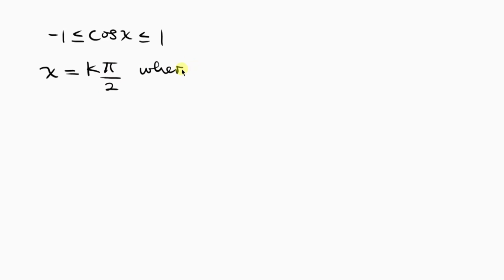So therefore, the value of cos x is between -1 and 1. And if the value of cos x is between -1 and 1, that means the value of x is equal to k times pi over 2, where k is an integer.